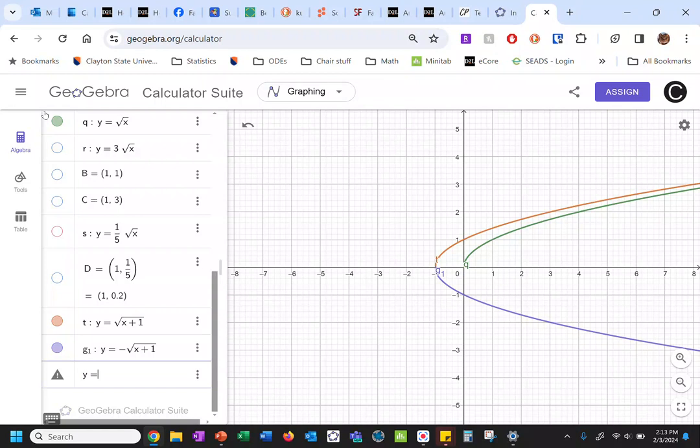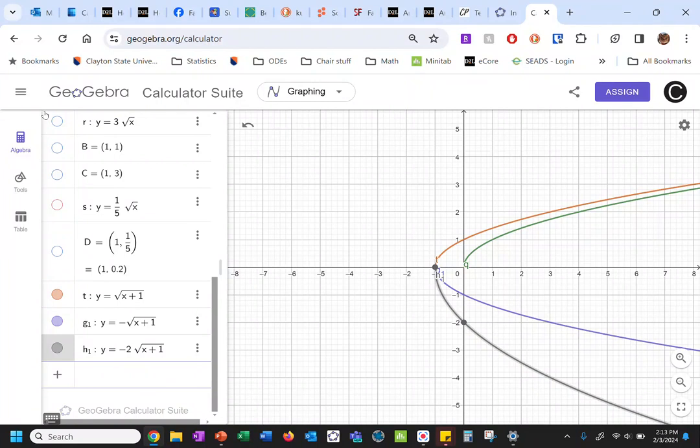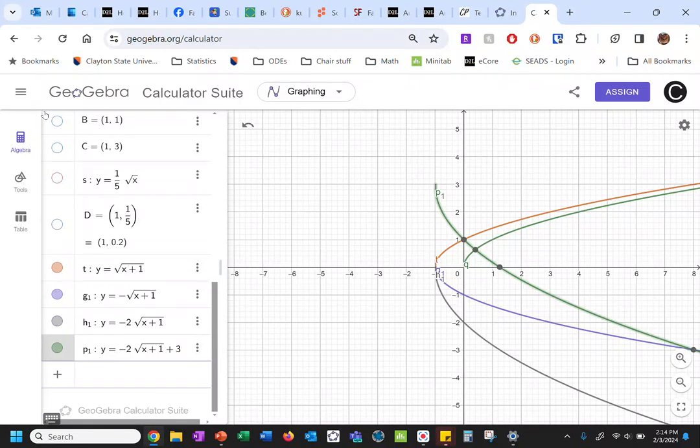And if I do negative 2 square root of x plus 1, that's going to stretch it vertically. And then we're going to shift the whole thing up 3, right? y equals negative 2 times square root of x plus 1, and then outside the radical plus 3 just went right on up 3. So that's a fairly complicated example. I think we've got one left, and we'll save it for the next video.